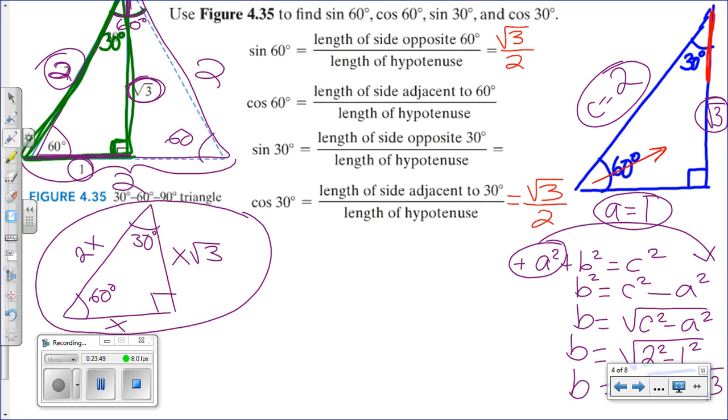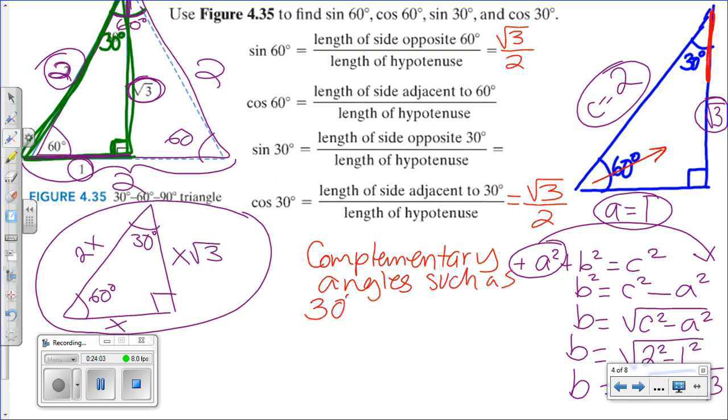Anytime you have complementary angles, such as 30 degrees and 60 degrees, or 45 degrees, and what is the complement of 45? 45.